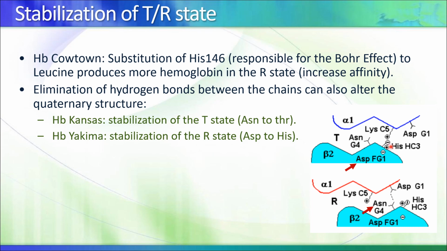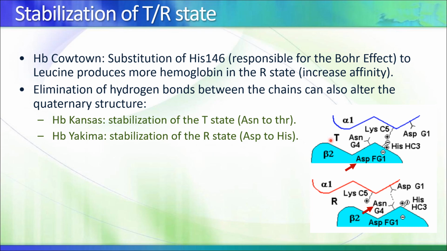Now remember that in the T state you have this interaction between histidine with both aspartate and lysine in the alpha chain, and this aspartate and histidines exist in the beta chain. That stabilizes the T state.